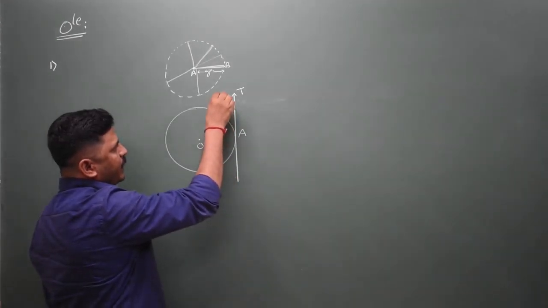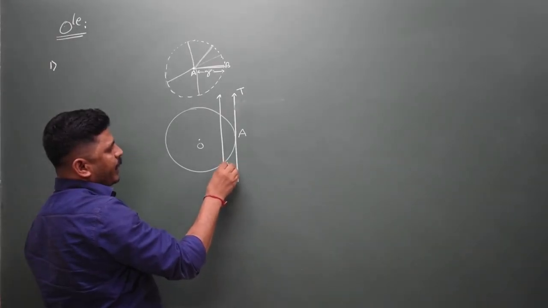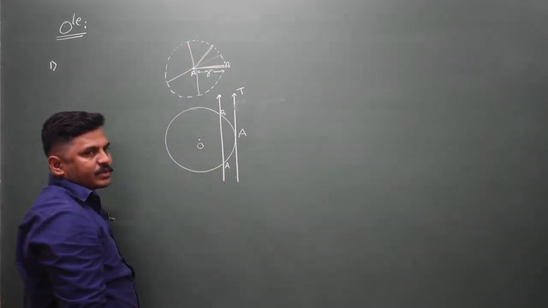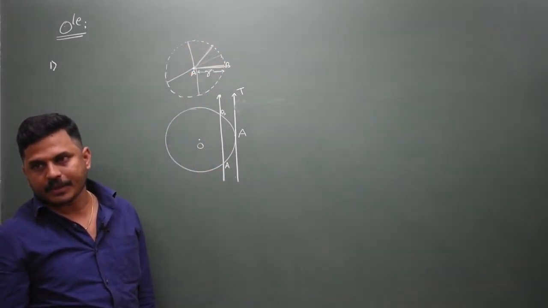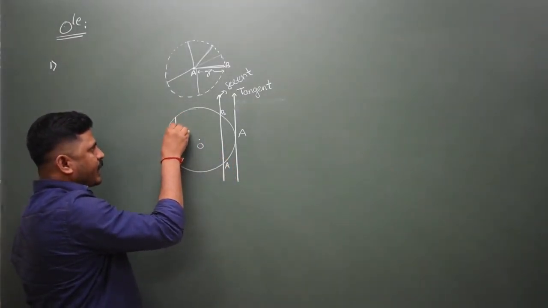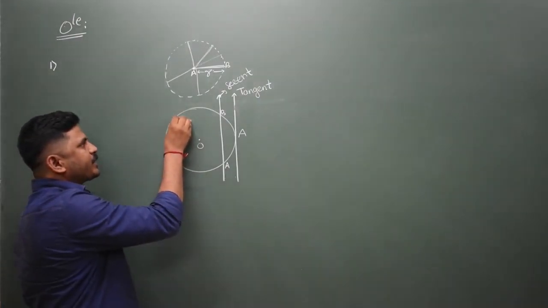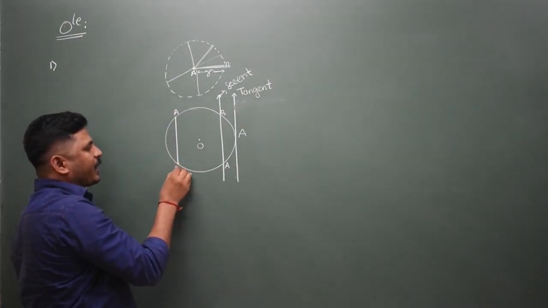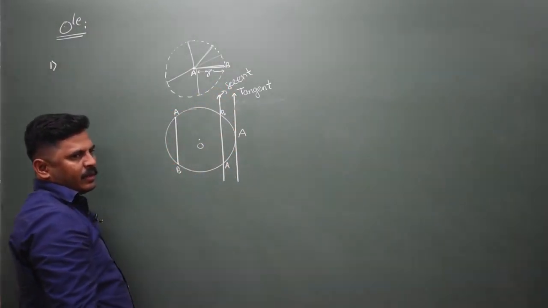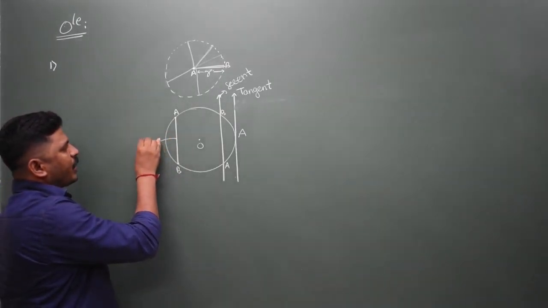If it cuts the circle at 2 points, A and B, and it continues, that is called a secant. If the line cuts the circle at 2 points but its end points lie on the circle only, it does not continue, that is called a chord.